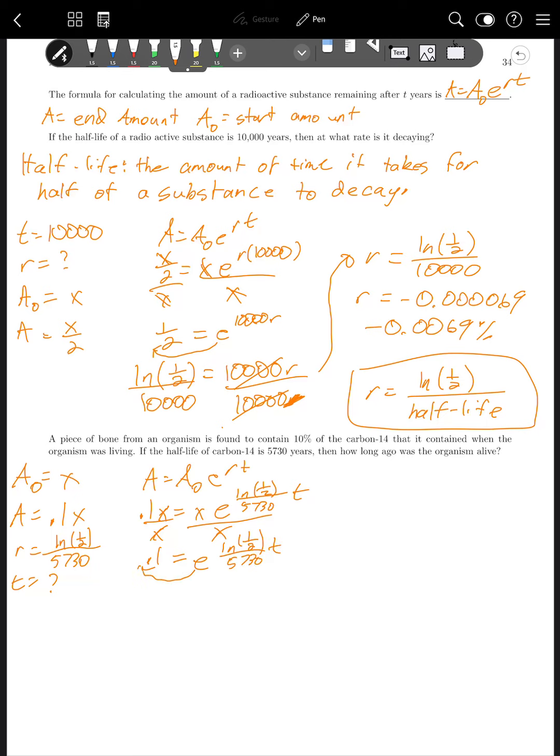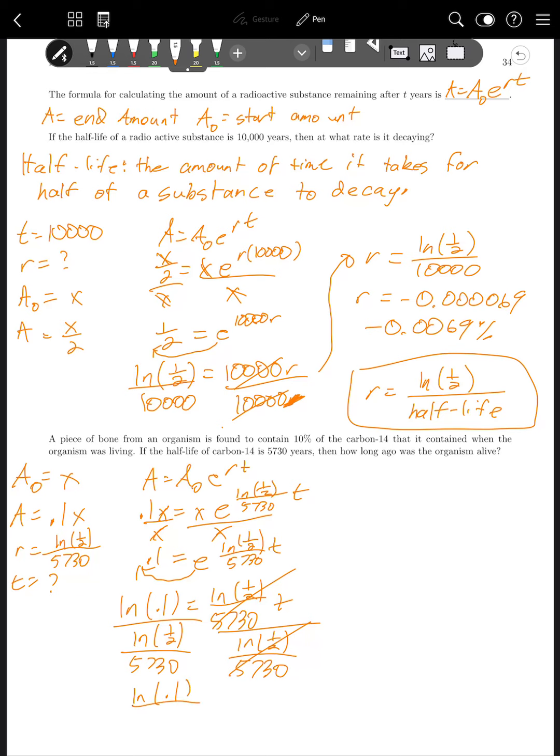Then get rid of the e by moving it to the other side as the base of a log. And then divide. So we get the natural log of 0.1 over the natural log of 1/2 over 5,730 equals t.